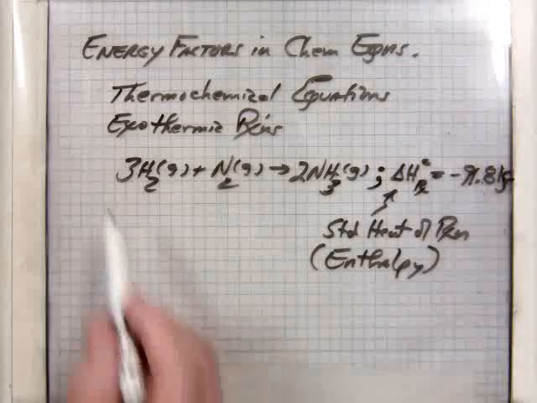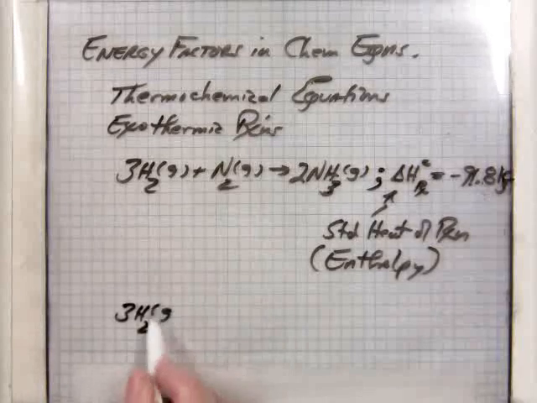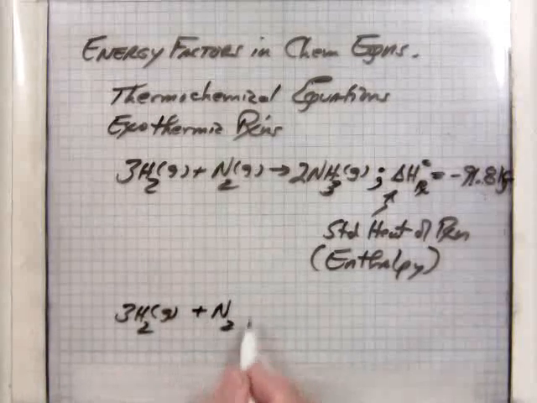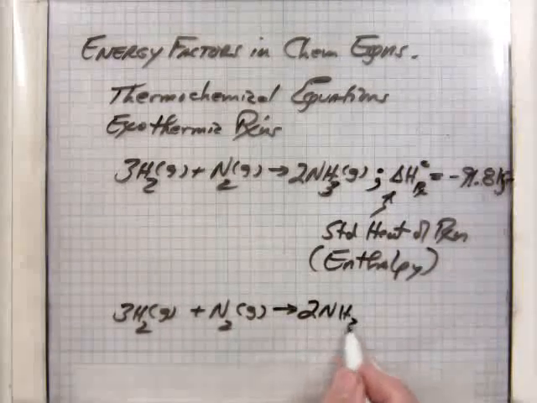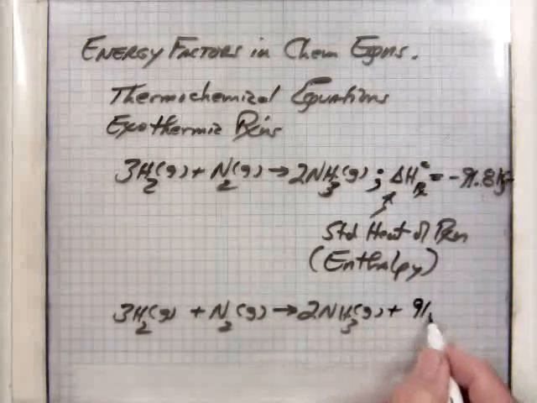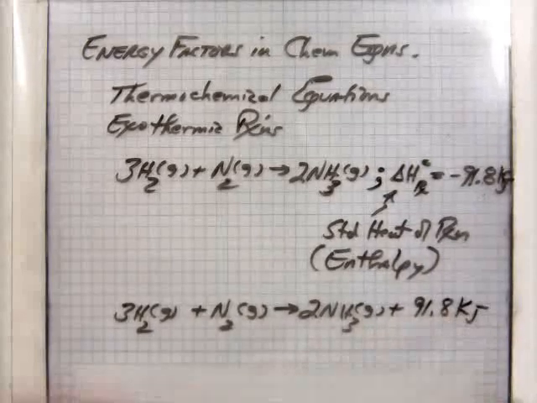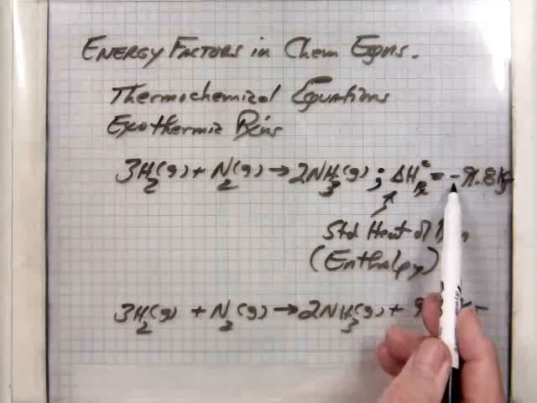Now, a second way to write this is incorporating the number into the equation. If it is exothermic, you incorporate that number on the product side. While this is exothermic, it's indicated by having a negative sign in front of the numerical value.